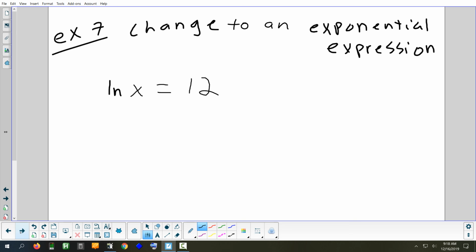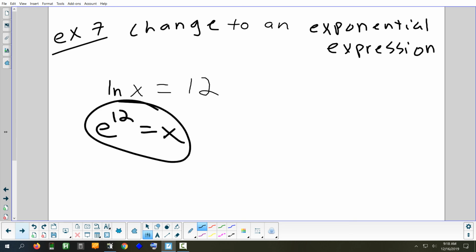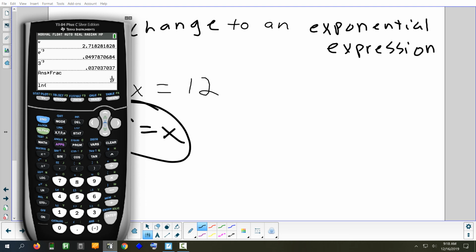Pat, you think you could tell me the whole thing if you change that to an exponential expression? The exponent of 12 equals x. Perfect. Done. e to the 12th equals x. And just to show you how you type it in, every calculator is a little different. On mine, I have to press second, and then the divide sign.